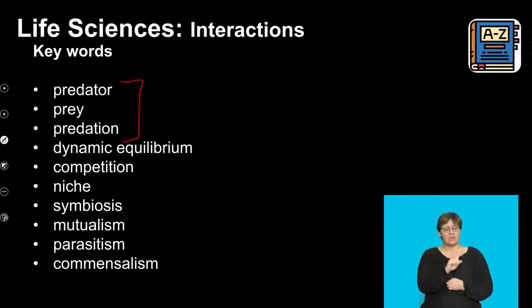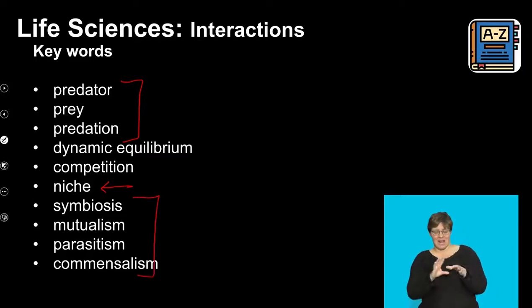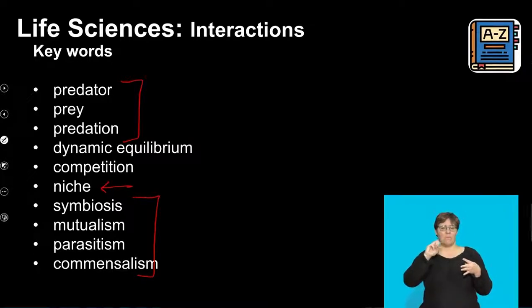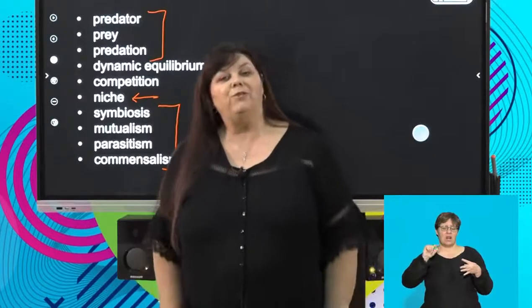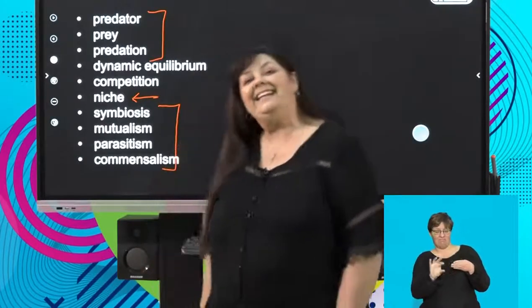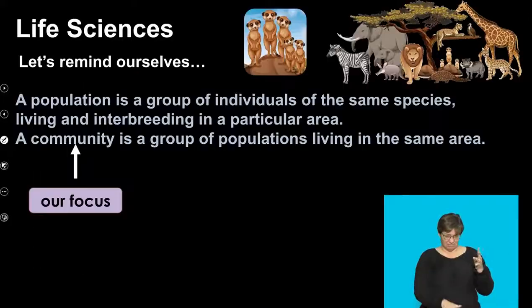Something called dynamic equilibrium, competition, and niche, which we pronounce niche. And these terms are linked together: symbiosis, mutualism, parasitism, and commensalism. So we've got a full basket of goodies ahead. Let's not waste any time.